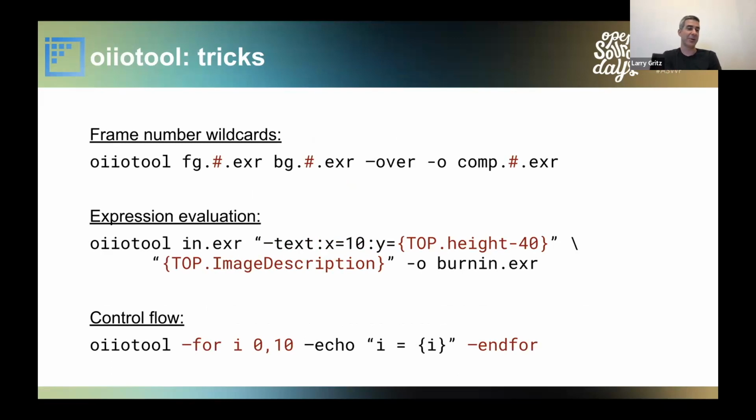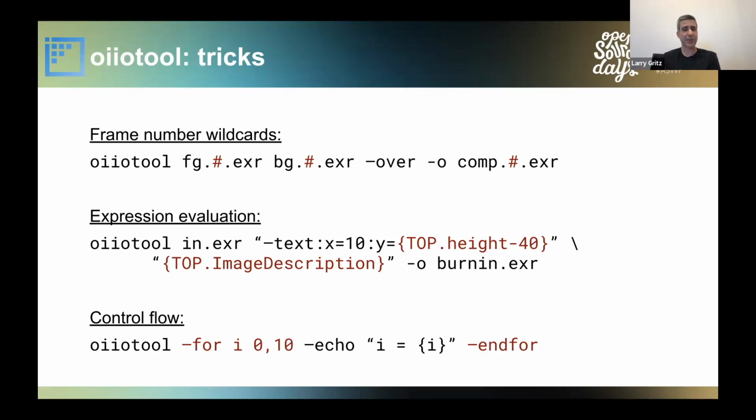So one thing the OpenImageIO tool knows how to do automatically is expand frame number wildcards. If you see something like the number sign here, it understands that this means look for all the files that match this pattern, and for each number that it finds across those files, execute this command with the right substitutions. This is the way that we run a lot of commands across every frame of a shot.